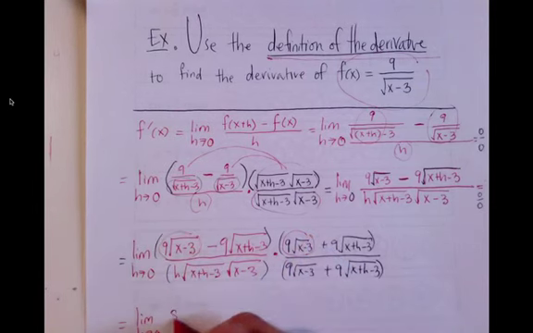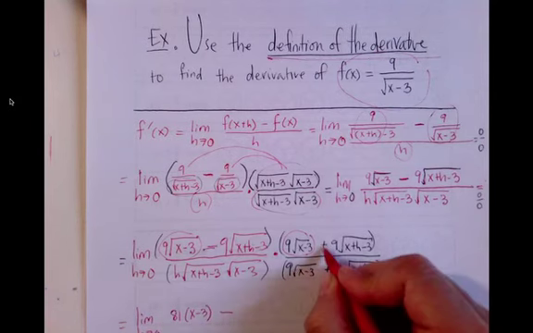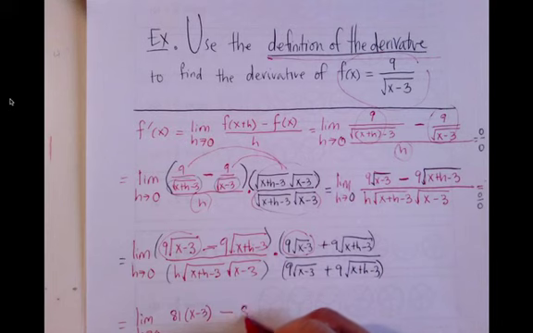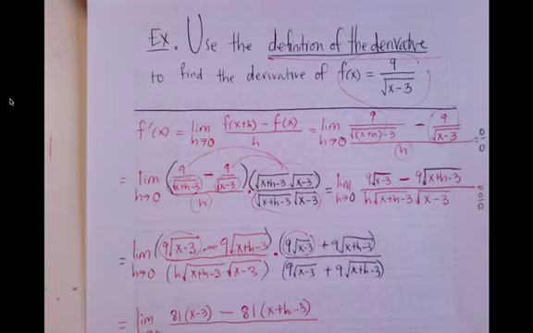So I have 81 times x minus 3 minus, and then this times this will give me 81 times x plus h minus 3, all over this very large expression.